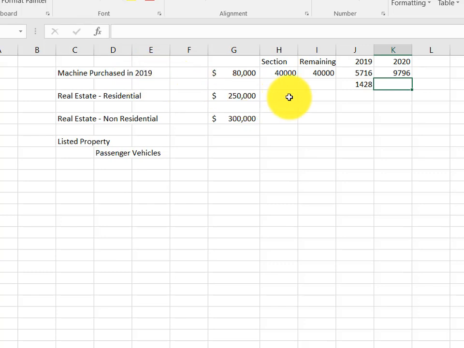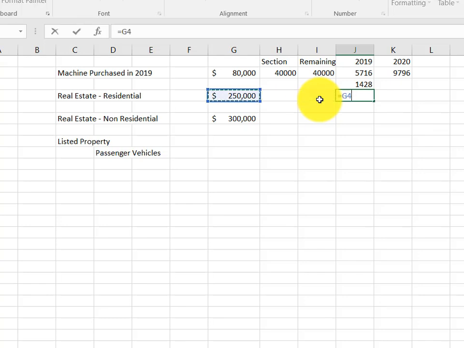All right, so residential real estate does not qualify for Section 179 or special depreciation. So there's nothing you can take. You have to depreciate it using the regular MACRS, and there's a table for that, 27.5 years.